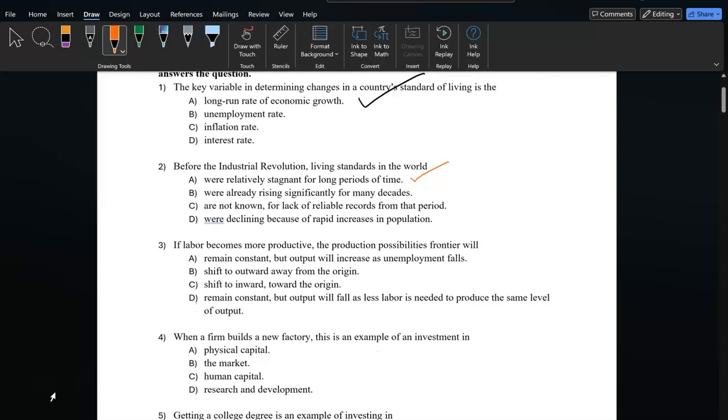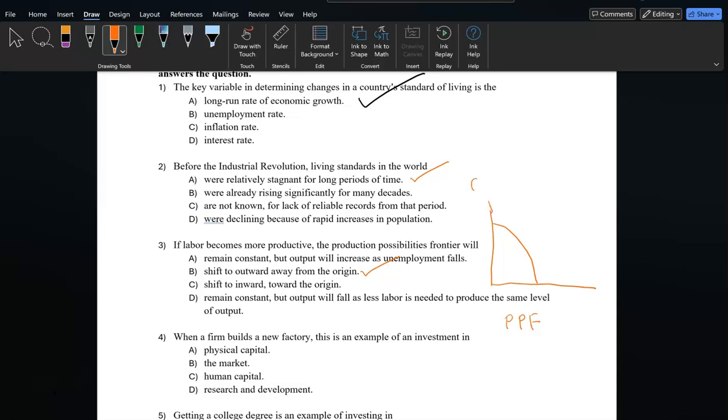Question 3. If labor became more productive, the production possibility frontier will shift away from the origin. Now, the production possibility frontier looks like this. It's also called PPF.